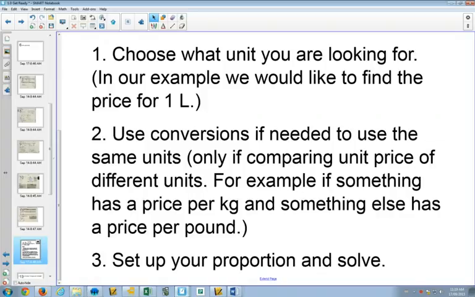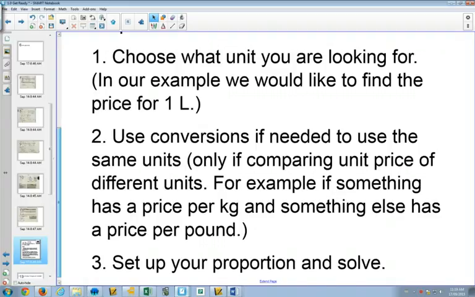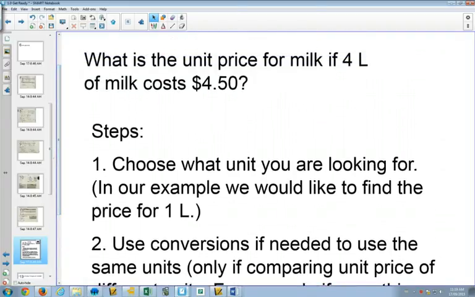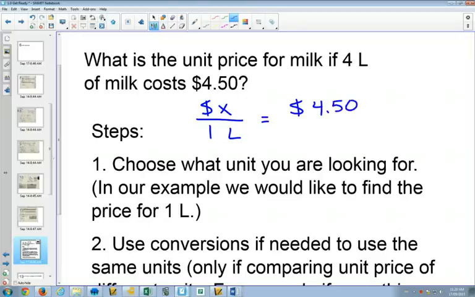So once you decide on your unit price, you set up your proportion to solve. So if I want to find out how much the cost is per liter, I want to find my price, which I don't know, per 1 liter. And what I do know is my price is $4.50 for 4 liters.